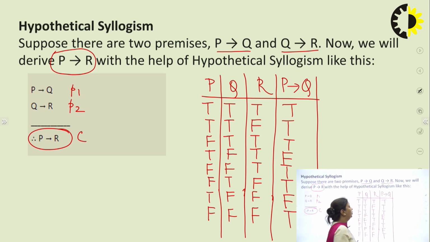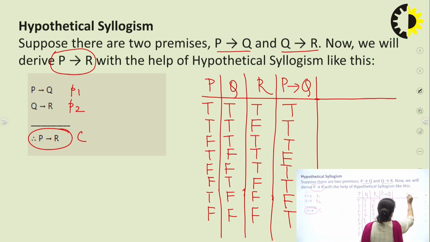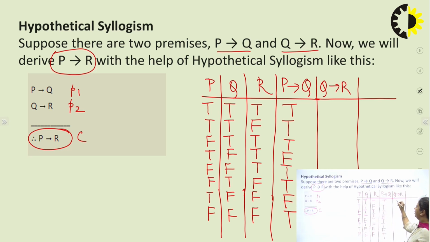So, I have drawn the column for P implies Q. Now, I'll draw it for Q implies R. Q implies R, true, true will give me a true value, true, false will give me a false value, true, true, true, false, true, true, true, then false, and then 2 times I'll get a true. So this is what I have got for Q implies R.